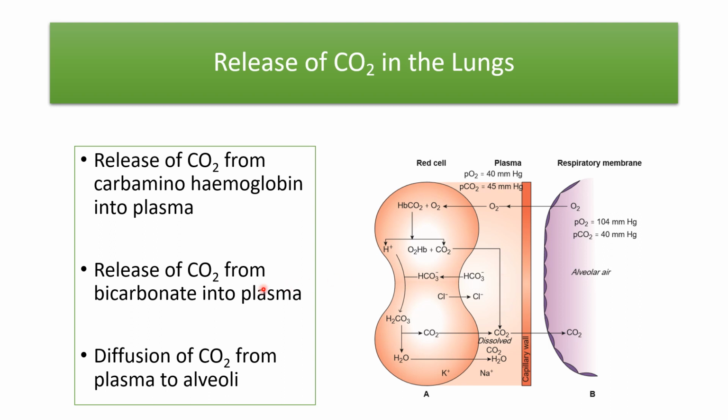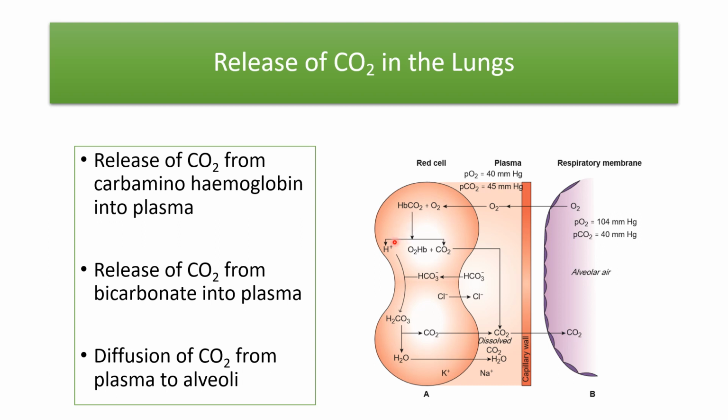And in the second form, that is the release of carbon dioxide from bicarbonate into the plasma, same thing as discussed earlier. When oxygen enters into the RBC, it displaces the buffered H plus ions from the hemoglobin. This is all Haldane's effect, that the oxygen displaces H plus ion and carbon dioxide.